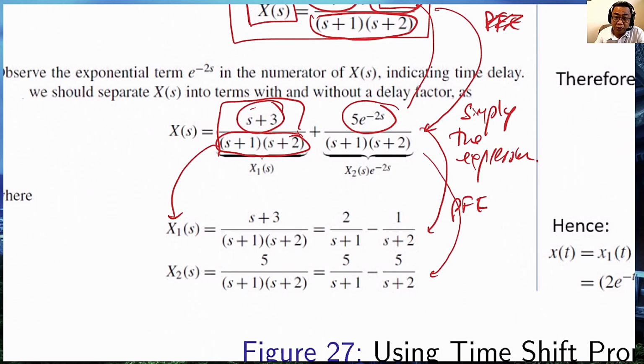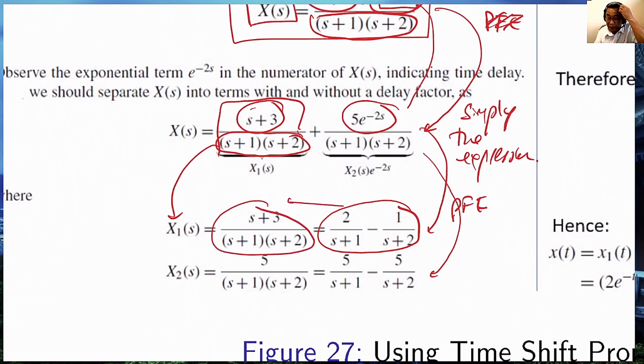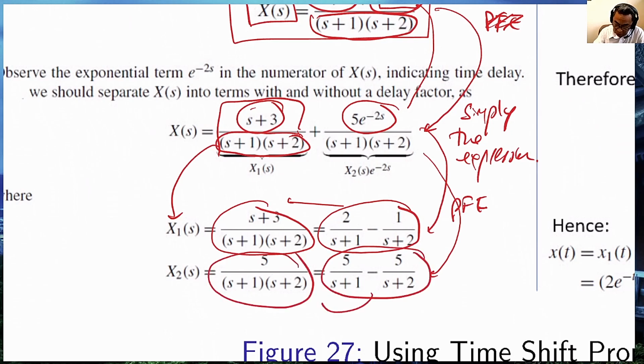You have to learn how to do partial fraction expansion. The idea is that the expression on the right is the same as the expression on the left. You can check by collapsing the terms together.